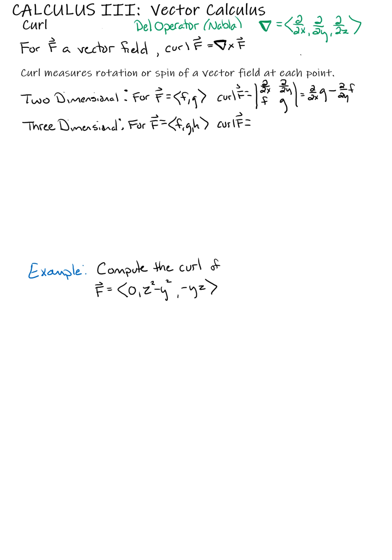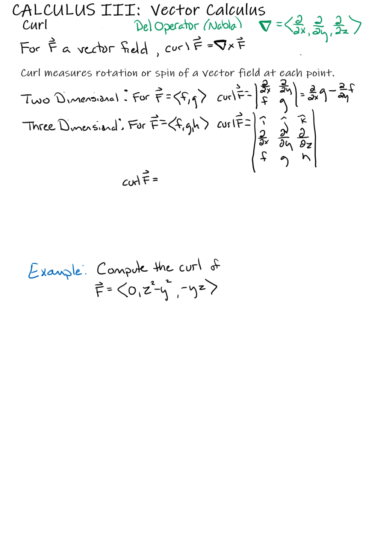Well, in this case, I've got my i, j, and k unit vectors, and then we've got the partial with respect to x, the partial with respect to y, and then the partial with respect to z. And then finally f, g, and h. We're going to take the determinant of that matrix. Just as a review, what does that look like?